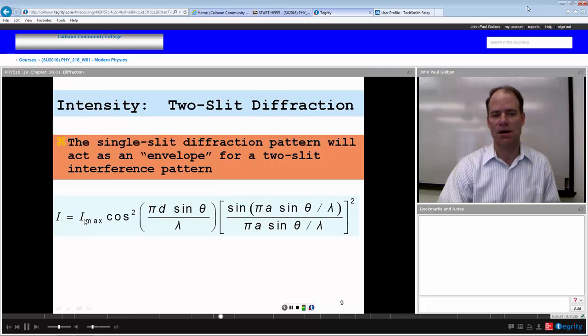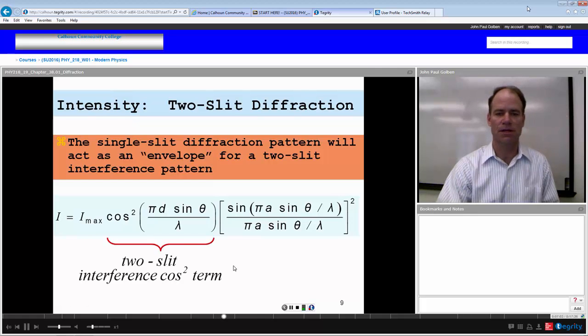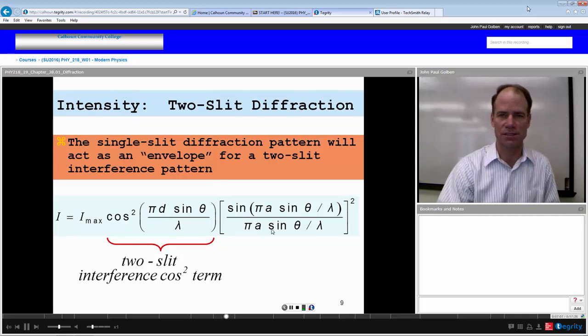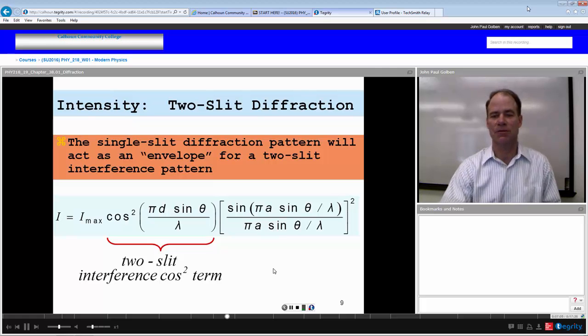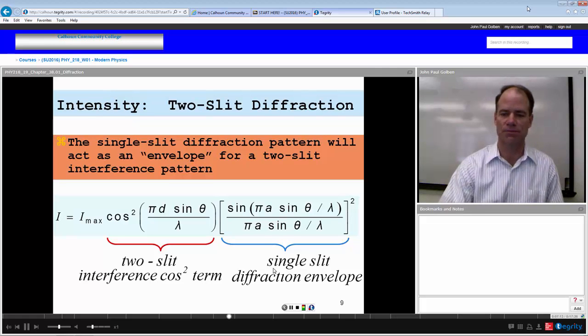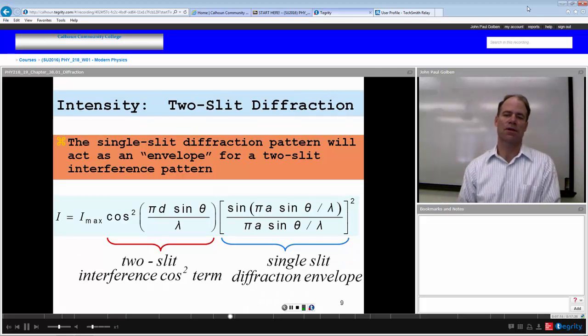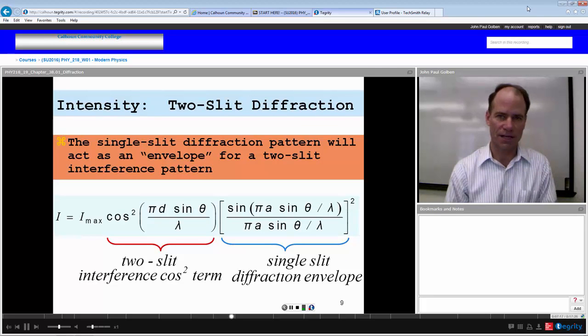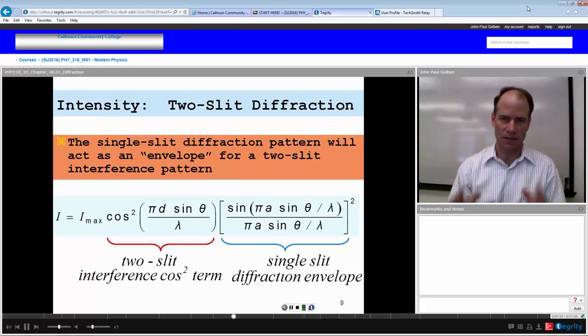And hence our intensity will be equal to the intensity of the double slit pattern, which was a cosine squared term, pi d sin theta over lambda, d being the separation distance between the slits. And then we have our single slit term, the diffraction envelope, related to the sine squared of pi a sin theta over lambda, a being the width of the single slit.